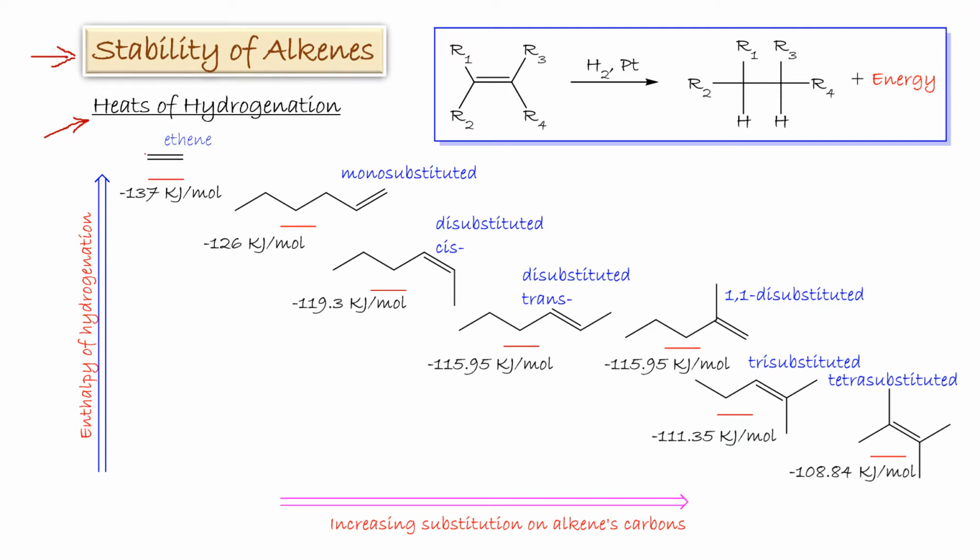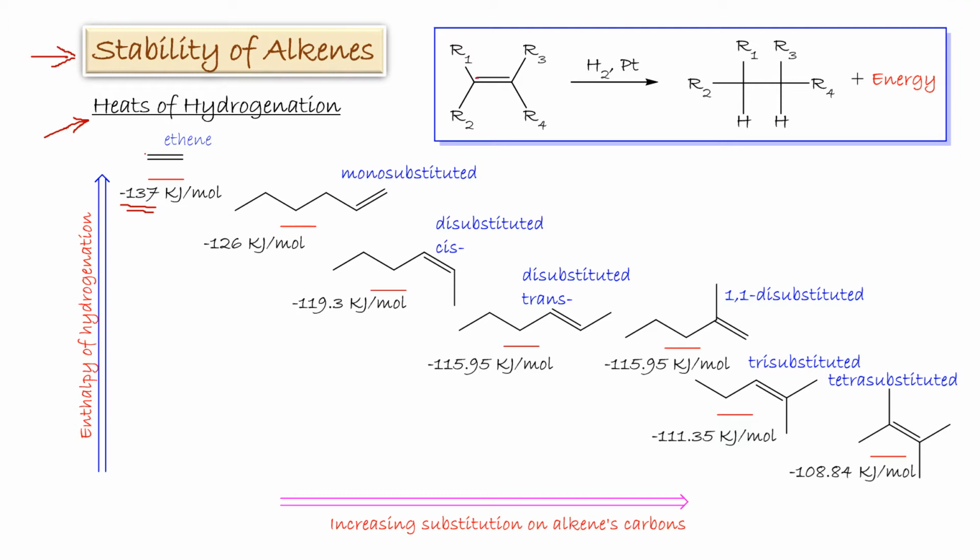So ethene plus hydrogen will give ethane, a reduction of the double bond from double bond to single bond, released 137 kilojoule per mole.